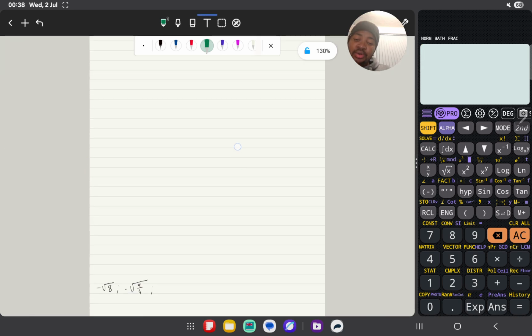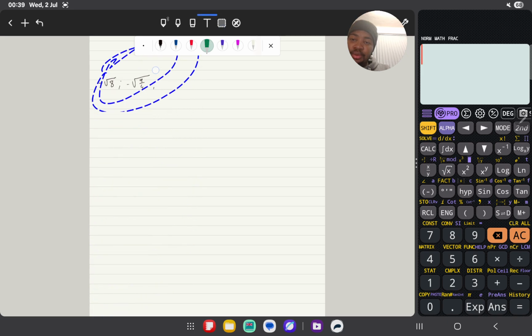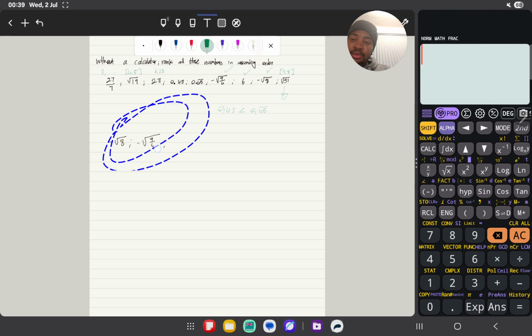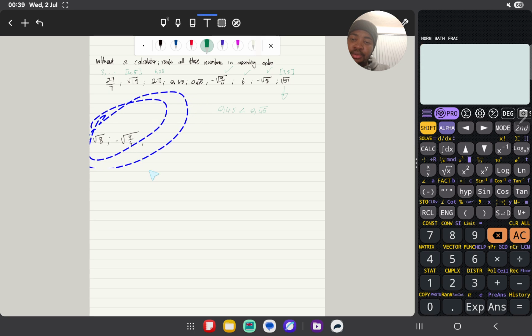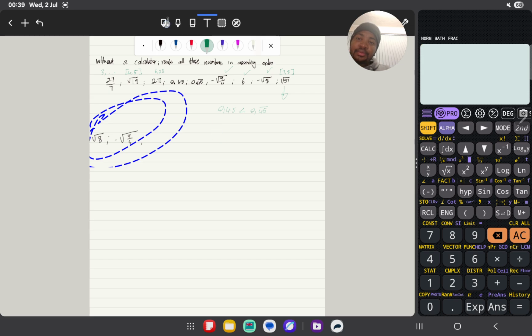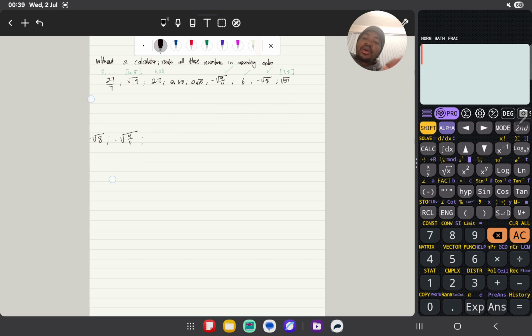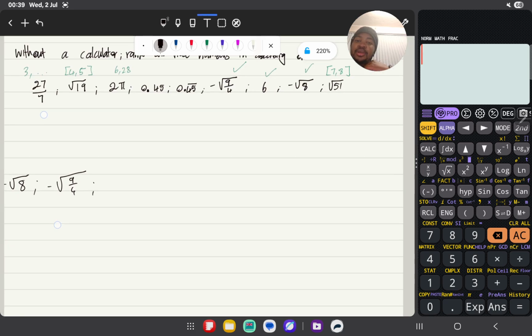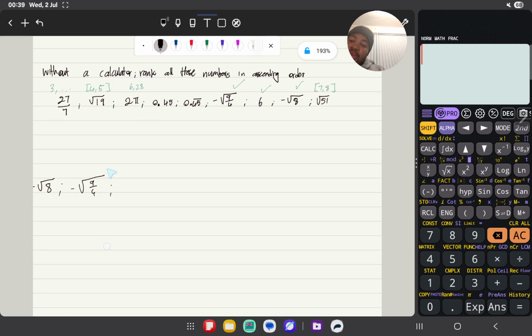So when you go now to our list, let me bring it up. Cool. So now when we put these numbers in order, we have negative square root of 8, we have this one, and we are done with negative numbers.